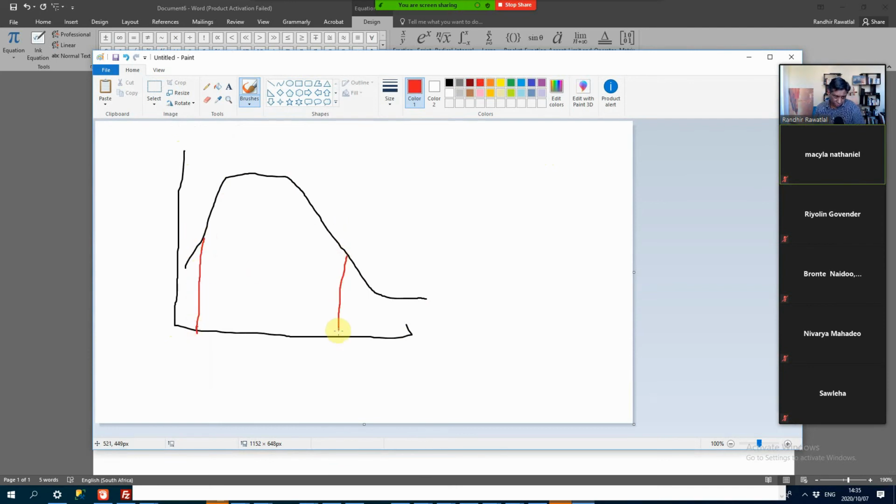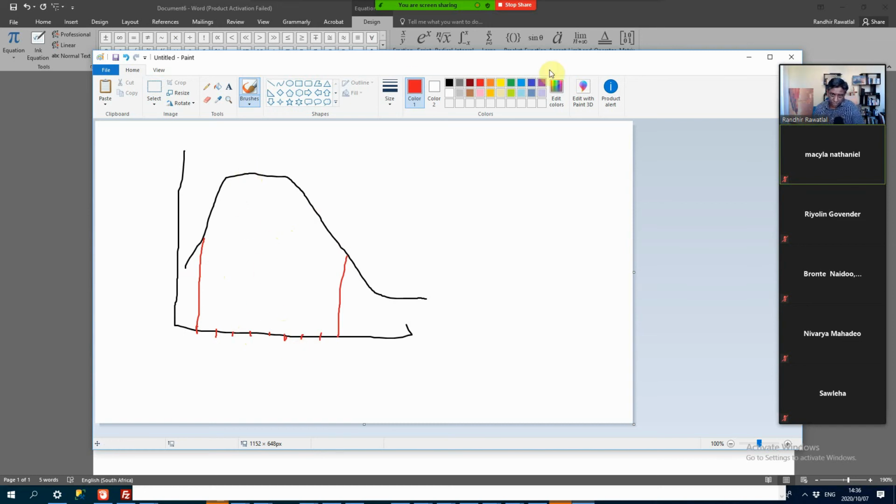So according to your Riemann approximation, you would break this space up. You would break this curve up into discrete elements, and you would estimate the area of each of these discrete elements, and in that way, you would add them all up, and that would be an estimate of the area under the curve.